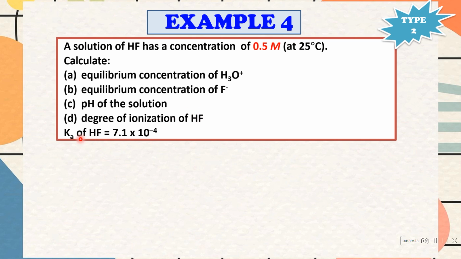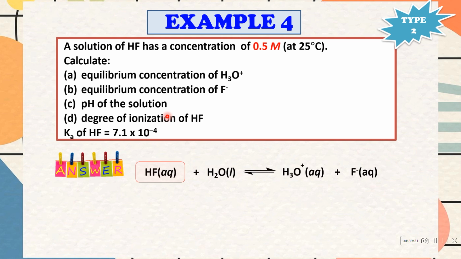Also given is the Ka value, 7.1 times 10 power negative 4. So first of all, what should we do? You have to write the acid dissociation equation. HF, a weak acid, donates a proton to H2O and forms H3O plus and F minus.